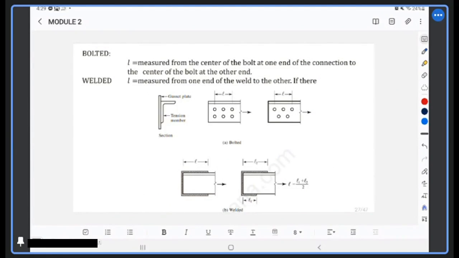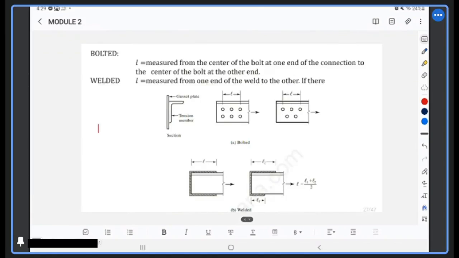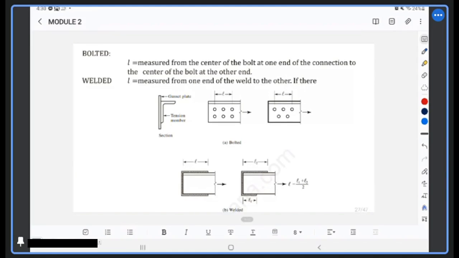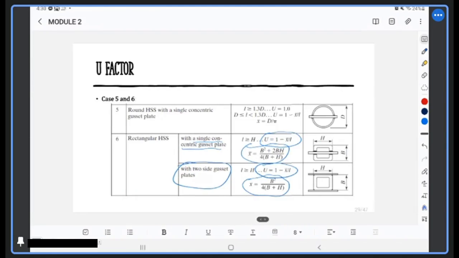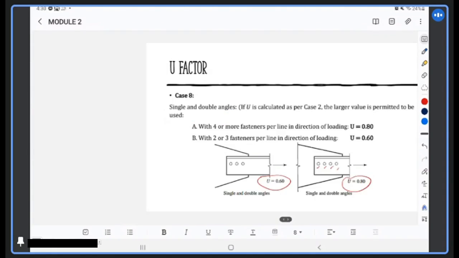It's bolted. It is single line lang. Plates and HSS. It is case 2. It is not 1.0 because it is not the whole cross section that is connected by bolt. So we have to check. U factor 1 less x bar over L lang. Hindi kasali angle dito eh.